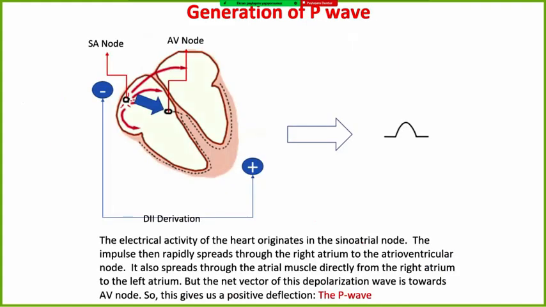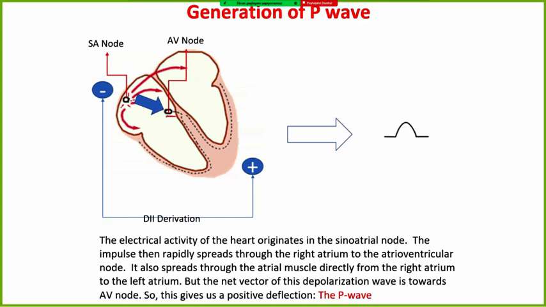So there are many waves that we see in the ECG. The sinoatrial node is the part where the electrical activity of the heart originates. The impulse then rapidly spreads through the right atrium to the AV node. Here, this is the AV node.